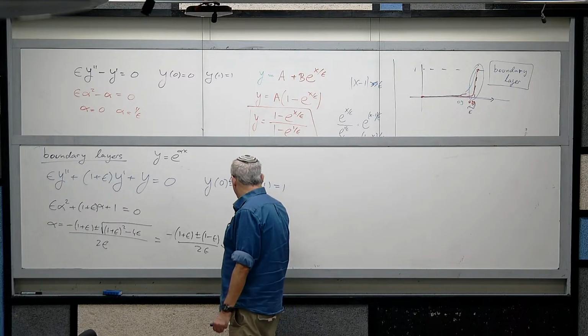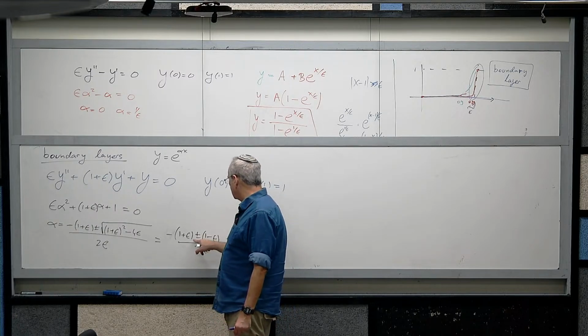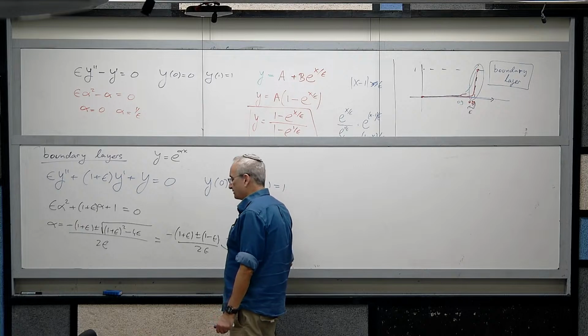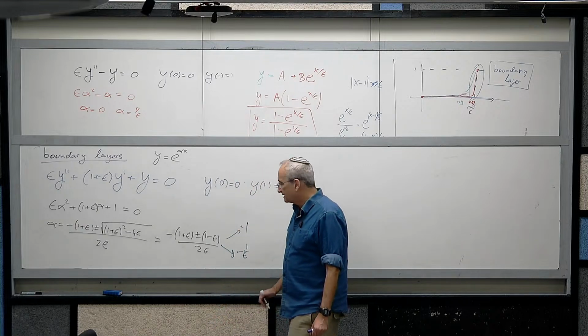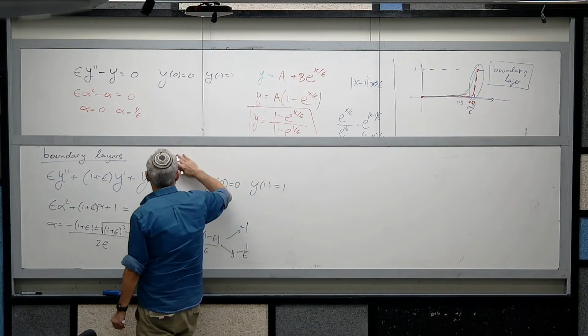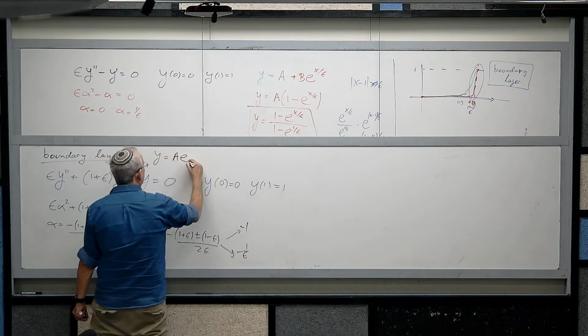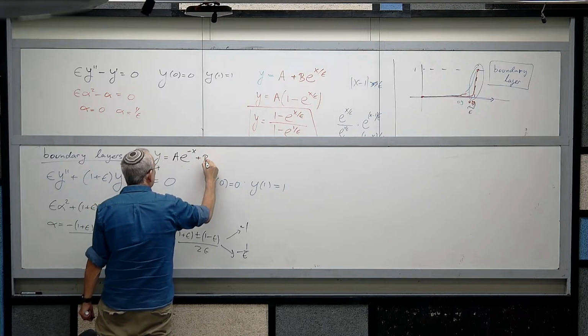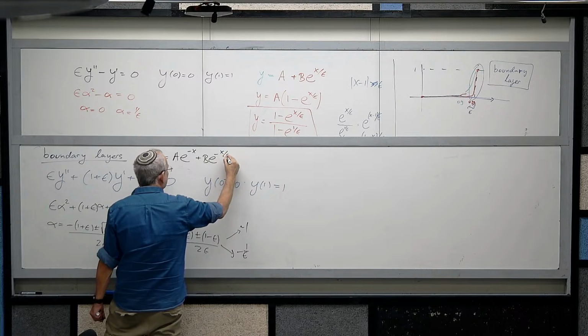And the other solution, if I'm taking the minus, I have minus 1 minus epsilon minus 1 plus epsilon, so it will be minus 2 over 2 epsilon, so it's minus 1 over epsilon. These are the two solutions. So the general solution for y is a e to the minus x plus b e to the minus x over epsilon.